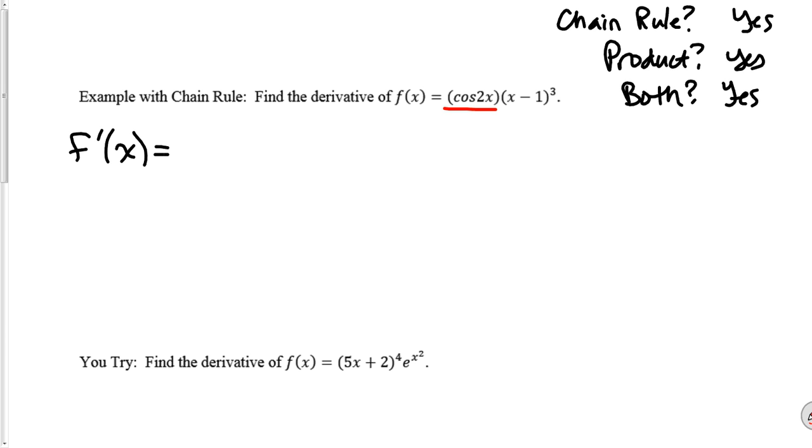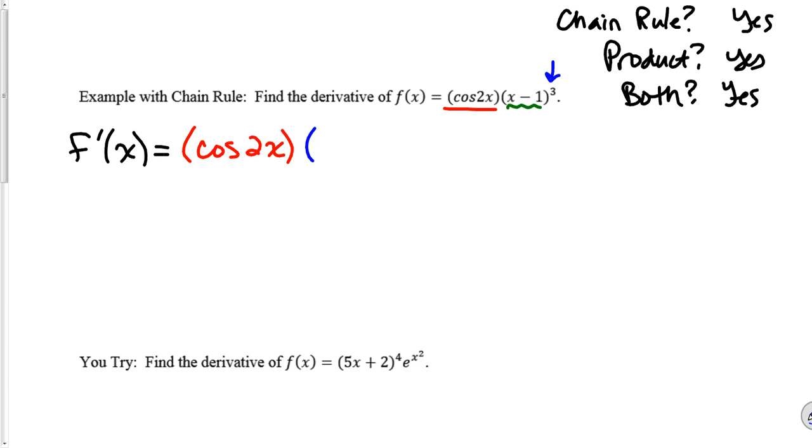So the first is cosine of 2x. That stays the same. That's my product rule. That's my first. Then I'm going to do the derivative of my second. That's my chain rule. So I have an inside and I have an outside, something cubed. So I'm multiplying by the derivative of that.